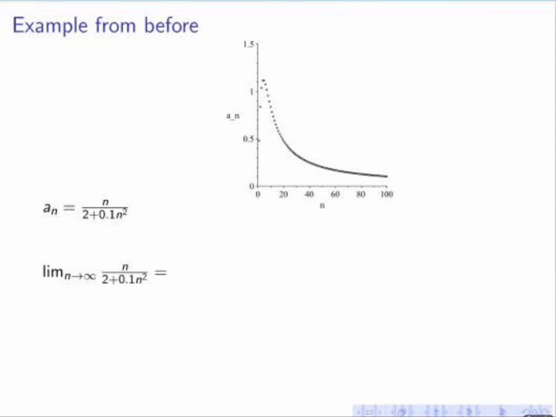So let's look at the example from before, and let's use these elementary computations to compute the limit. So here the sequence is again, a_n is n divided by 2 plus 0.1 times n squared. And how do we compute the limit as n goes to infinity of this ratio? To compute this limit, we multiply the numerator and denominator with 1 divided by n squared, because n squared is the highest order of n that arises here.